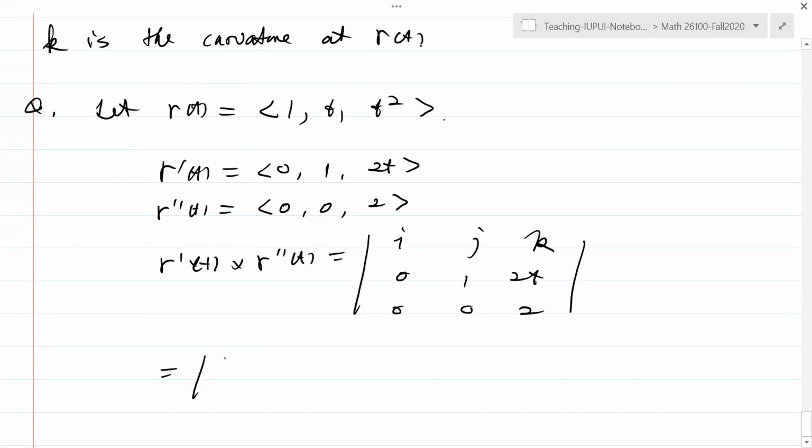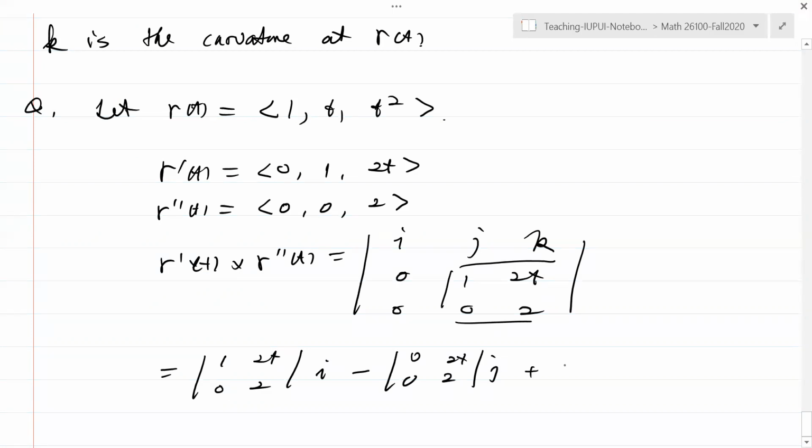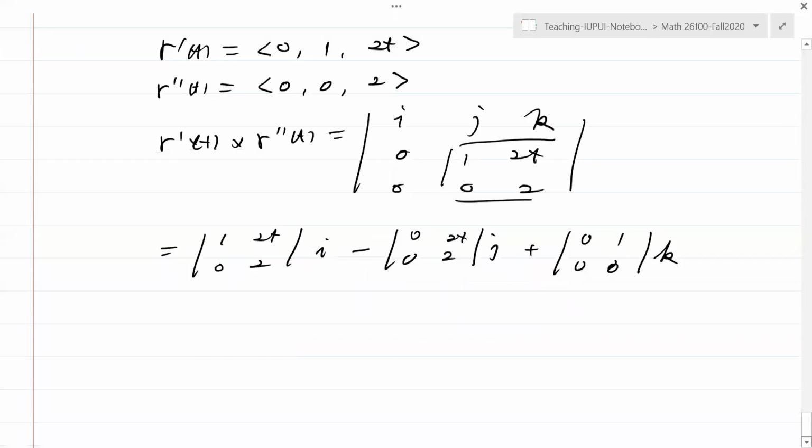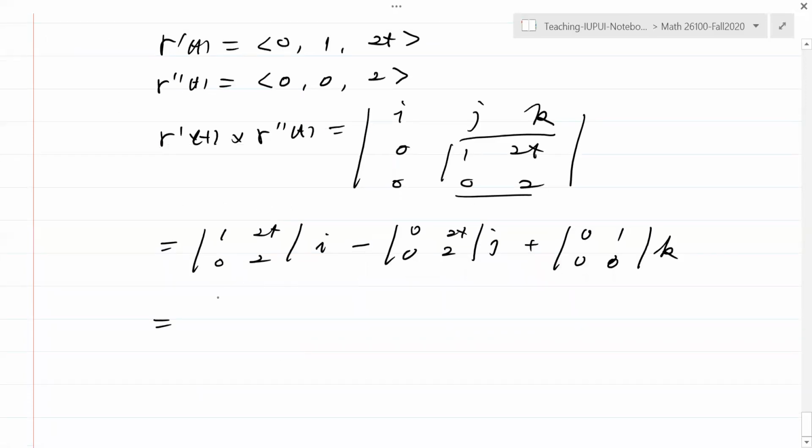The i term uses the minor 1, 2t, 0, 2, and then you change the sign for the j term. I find that only the first term is not equal to 0, so it's just 2i, equal to (2, 0, 0). This is interesting.